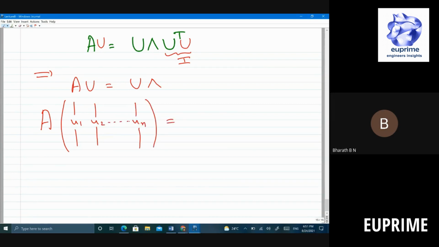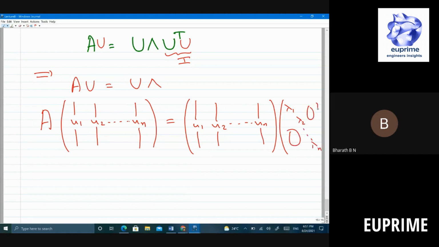Times this, which is U1, U2, up to UN, times lambda, which will be lambda 1, lambda 2, up to lambda n, with 0 elsewhere. This is how it looks. Let's concentrate on the first column of the left hand side.